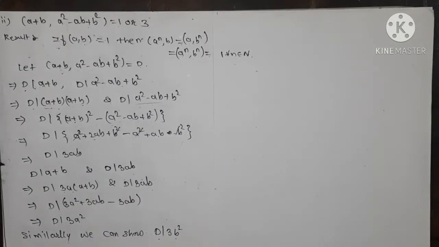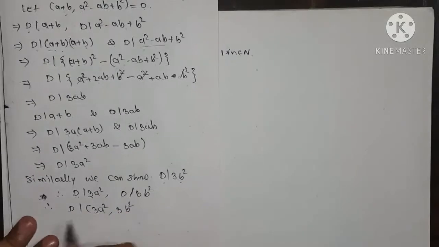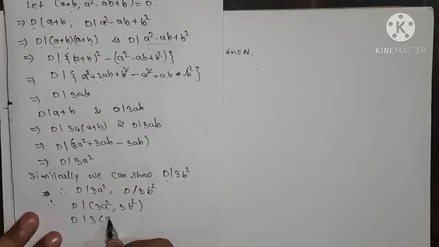So this implies, therefore, D divides 3a square and D divides 3b square. Therefore, as D is a common divisor of these two, D divides the GCD of 3a square comma 3b square. Now we can take the common 3 here. So D divides 3 in bracket a square comma b square.